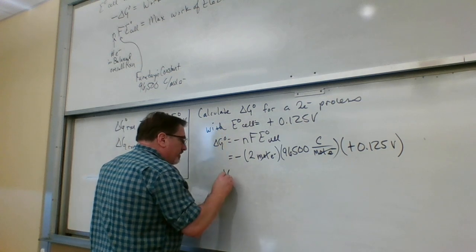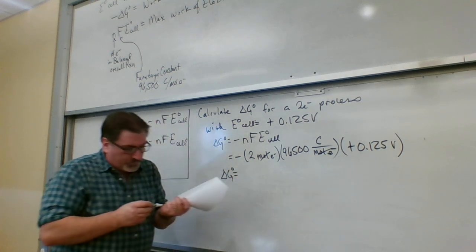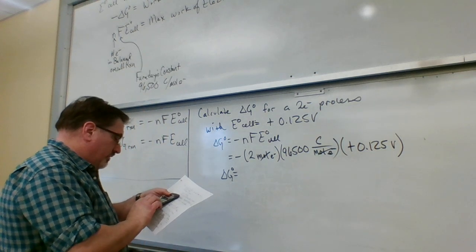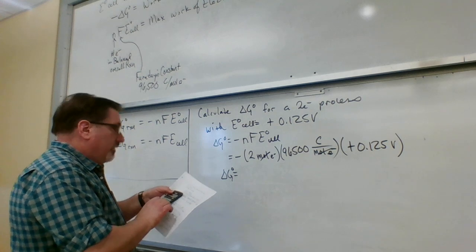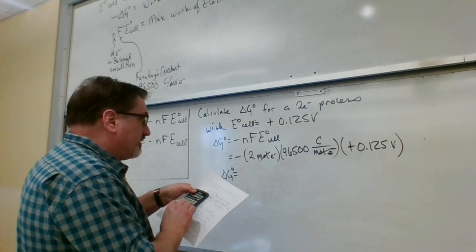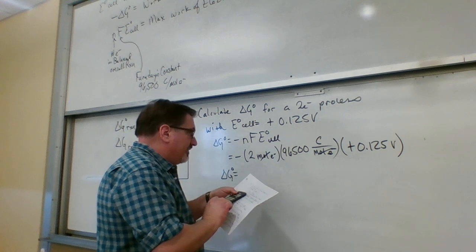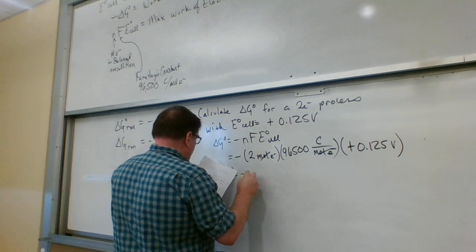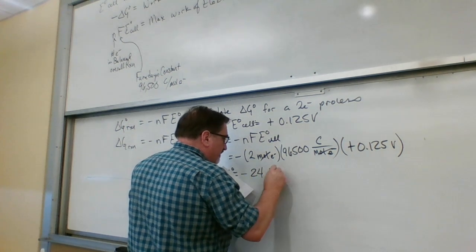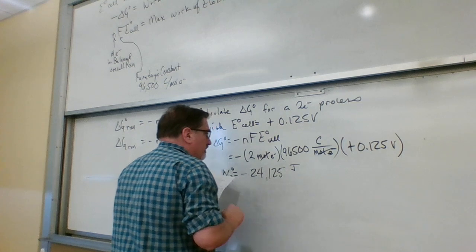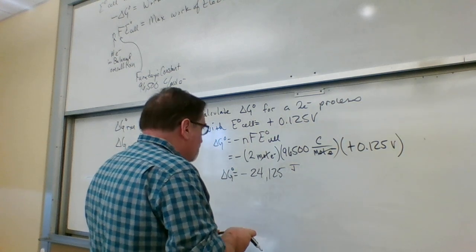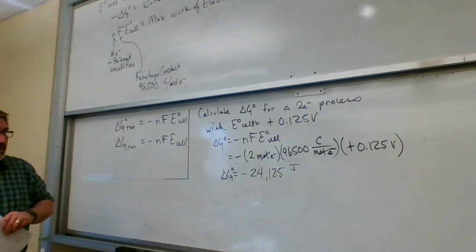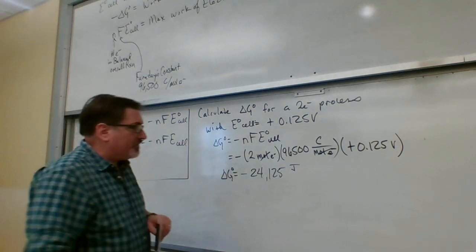Okay, so delta G equals, plug in our stuff, minus 2 times 96500 times 0.125 equals minus 24125 joules. And this will be per mole of balanced reaction, just like we did back in the day when we were doing these delta G problems.